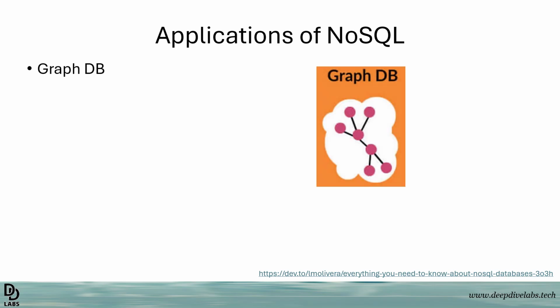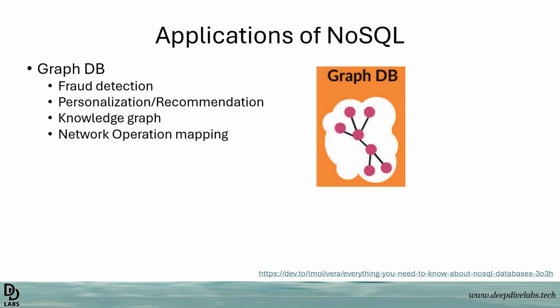Next, we look at graph database. Graph databases have been used for a number of different applications. One of the very popular applications is fraud detection, right? In a relational database, it's very difficult to look at how many hops a particular entity is from another entity, the interconnection between the different entities, because each entity is represented as a row in a table.